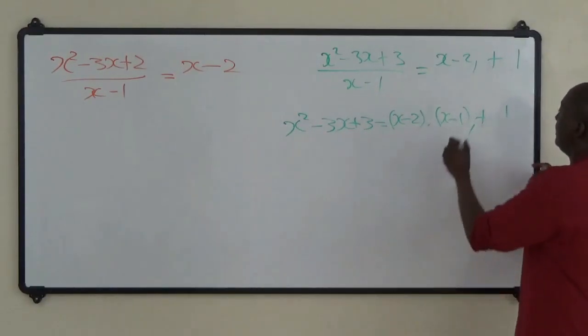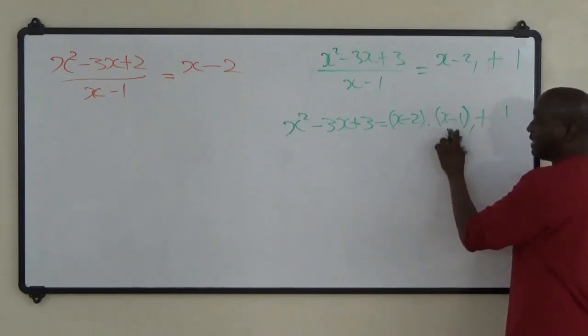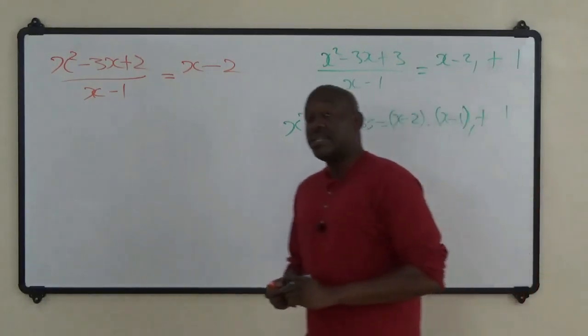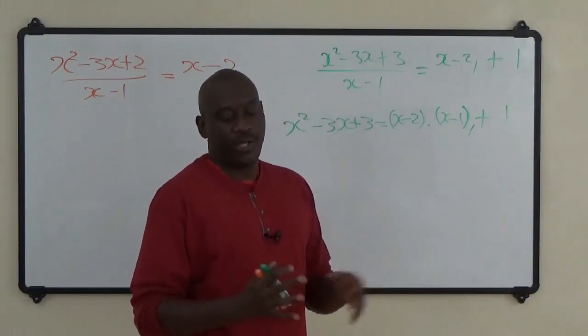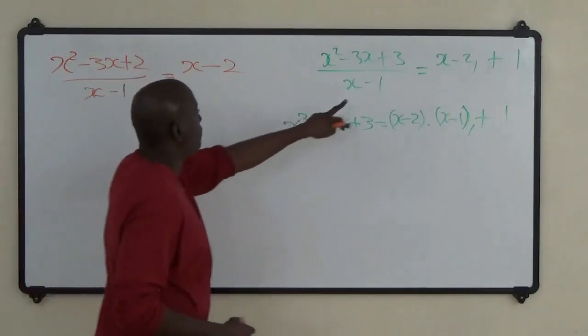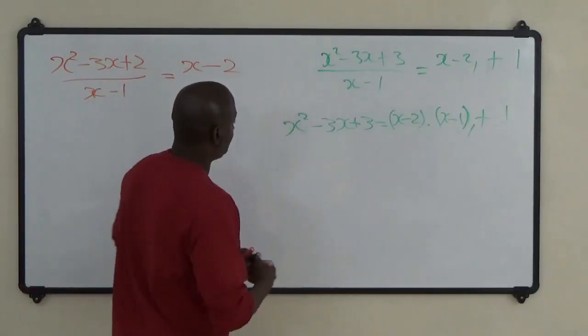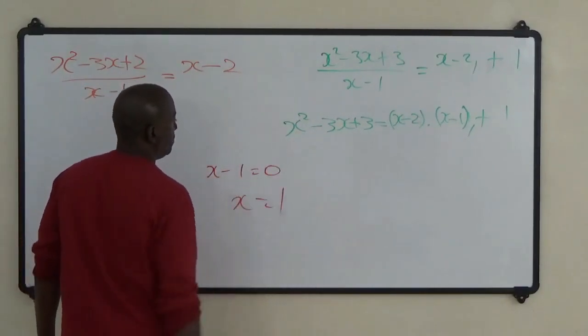Now, we could see by looking at x minus 1 that the root of x minus 1 is 1. How do I know that? Very simple. The root of the divisor x minus 1 is found by setting it equal to 0, so x is equal to 1.